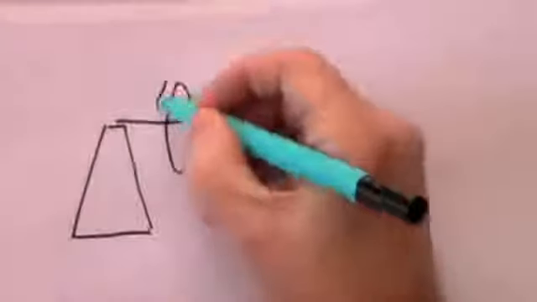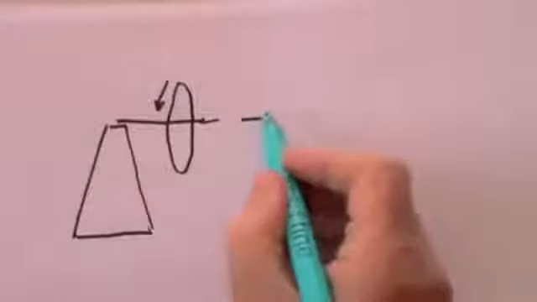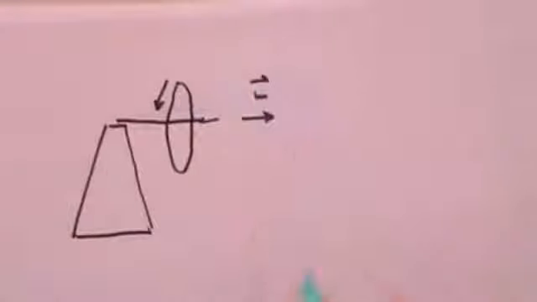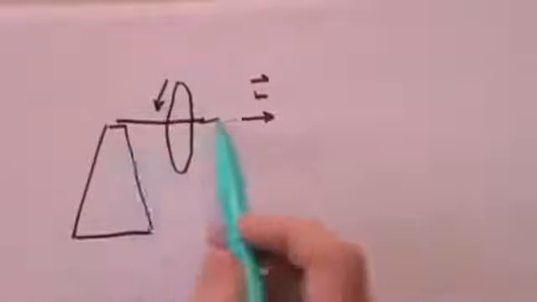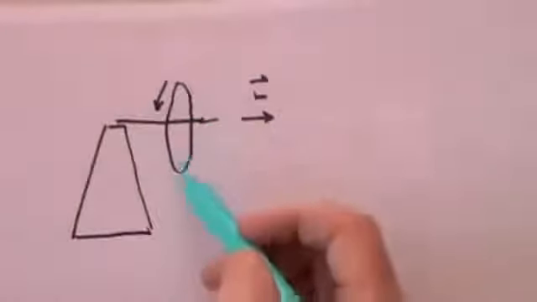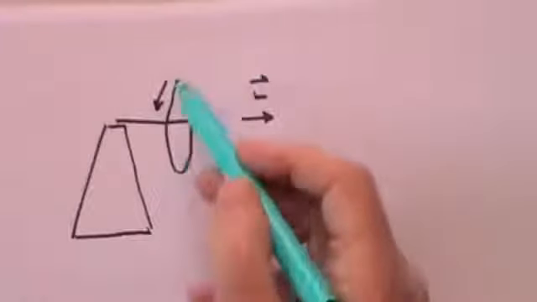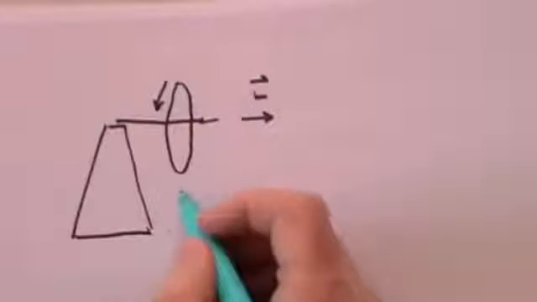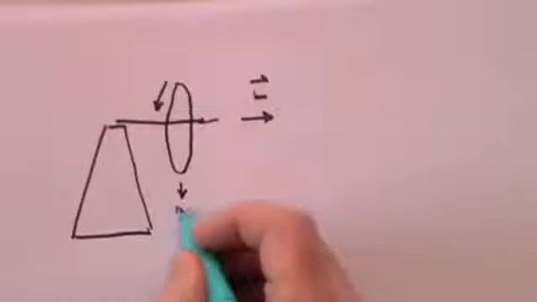But is that so? Let's imagine that the disc is spinning anti-clockwise. And that means that there will be an angular momentum vector, just as we showed before, along the axis and in this direction. But this whole device here, this wheel, will have a mass. And so there will be a force, mg.